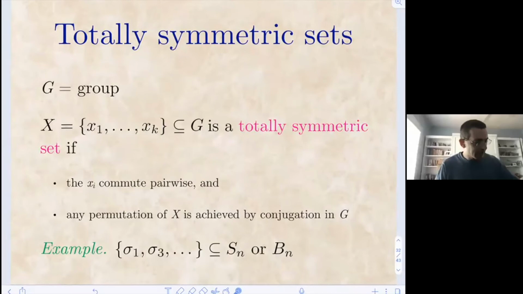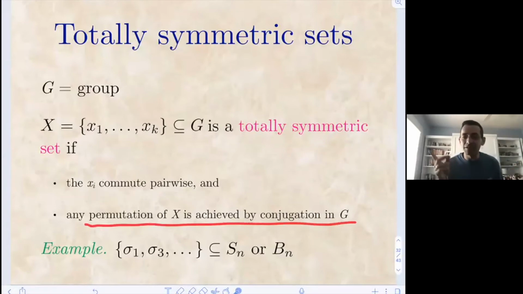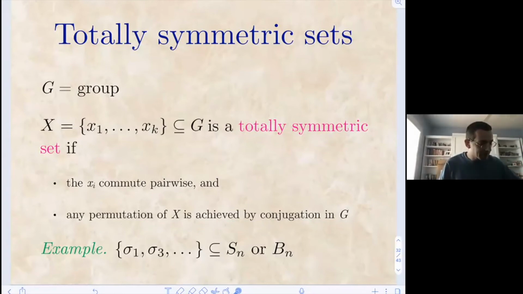Here I have G as a group. X is a subset, not a subgroup, a subset of the group. And we say X is a totally symmetric set if the elements commute pairwise and any permutation of X is achieved by a single conjugation in G. For the symmetric group, this is probably familiar.